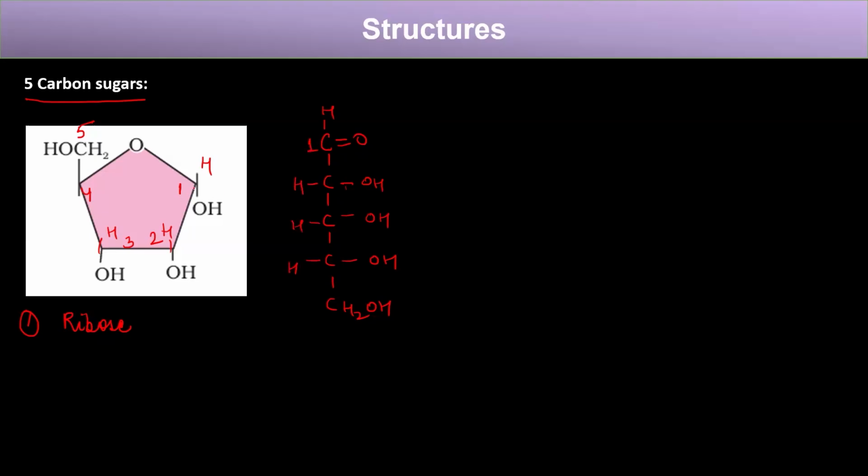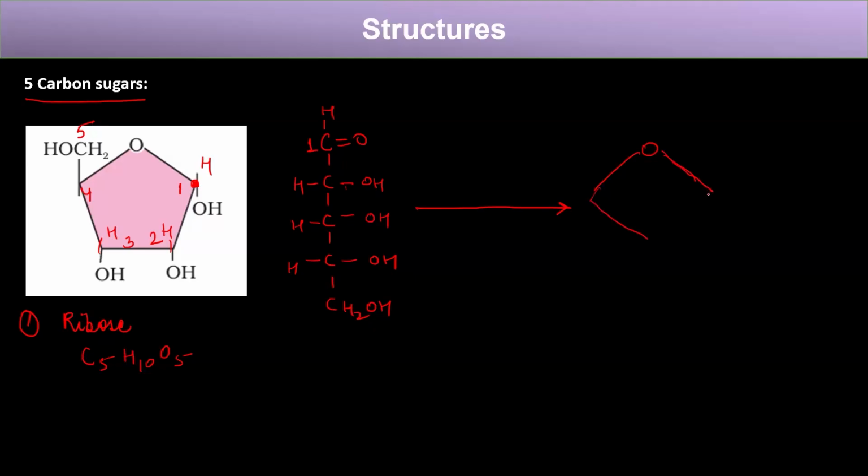The first carbon is the carbonyl carbon. With the help of ribose, our body can derive one more sugar. The formula of ribose is C5H10O5, right?